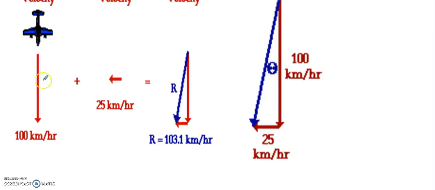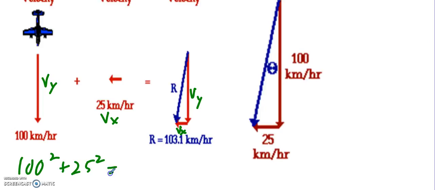So in this case, if I call this b sub y and this one b sub x, I know 100 squared plus 25 squared equals r squared, and this leads me to my r value of 103.1 kilometers an hour. So I can just use the Pythagorean theorem there, and that is because of the fact that these are at a right angle to each other.